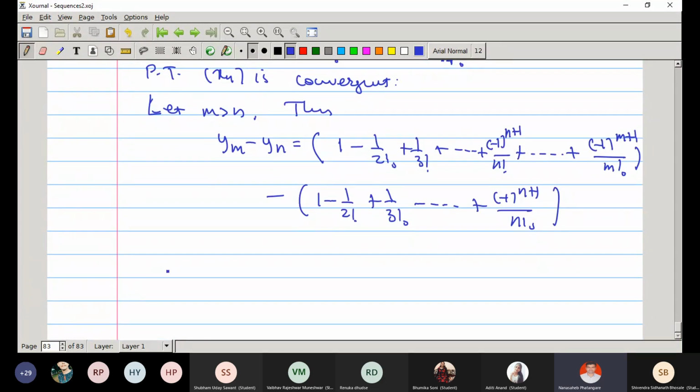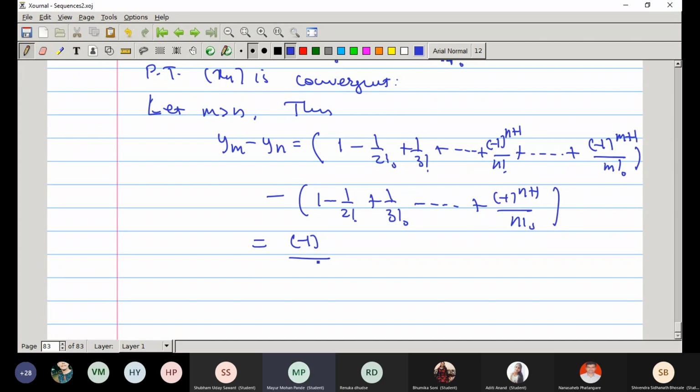Because m is greater than n, ym has more terms. Now some terms get cancelled. So which terms get cancelled? Up to 1 upon n factorial, all these terms get cancelled. So all terms get cancelled. So ultimately what remains?